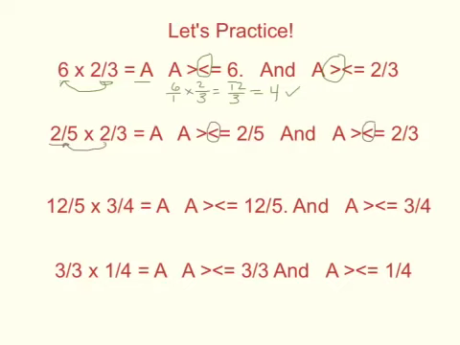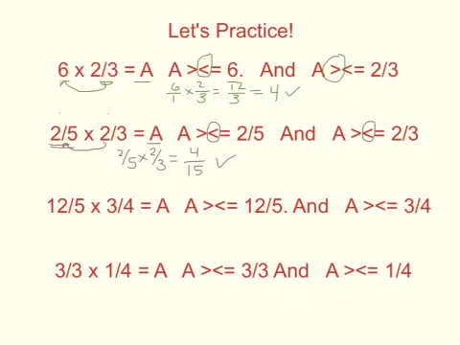Both of these factors are less than 1. That means my product will be less than both factors. So if I multiply 2/5 times 2/3, I multiply my numerators. 2 times 2 is 4. 5 times 3 is 15. So 4/15, 4 pieces out of 15 pieces, is smaller than both of these factors.